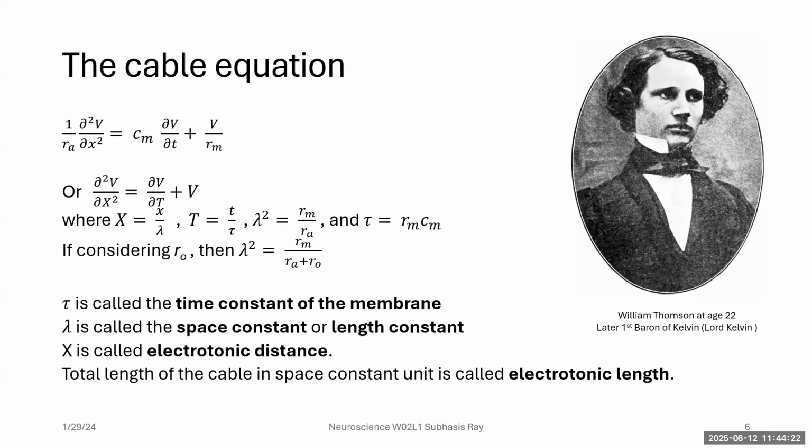Okay? And by solving this equation, you can actually calculate how the voltage will drop with distance or with time. So for simplification, what you can do is we have already done this bit, right? Rm by Ra lambda.